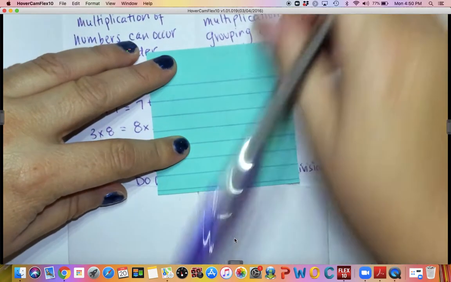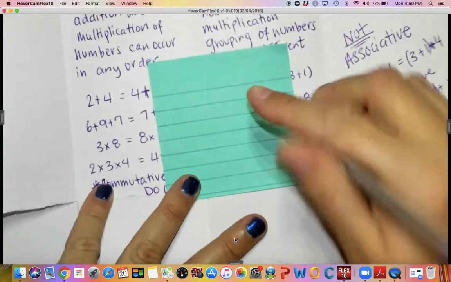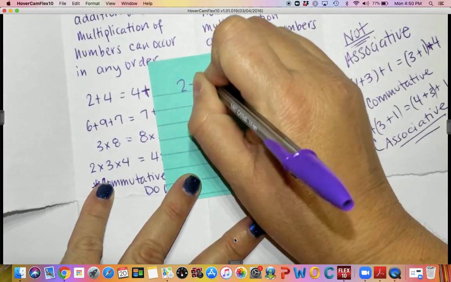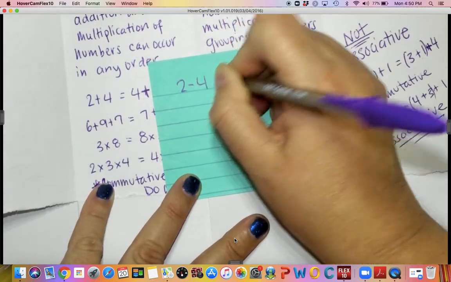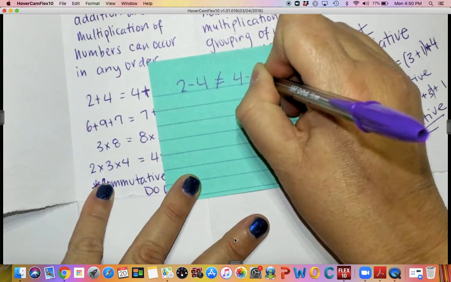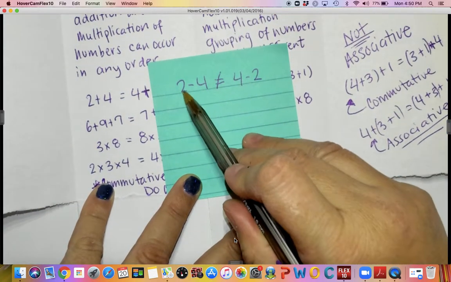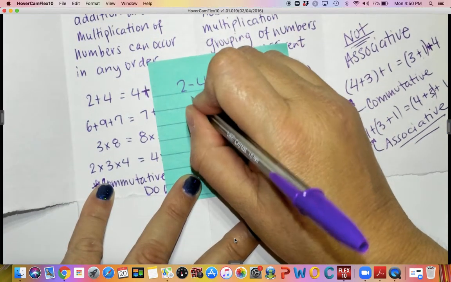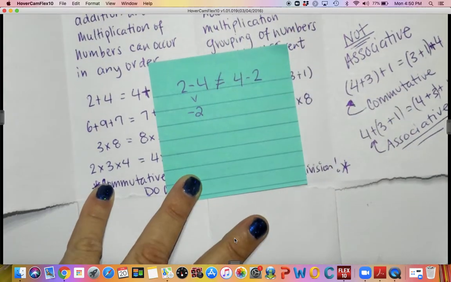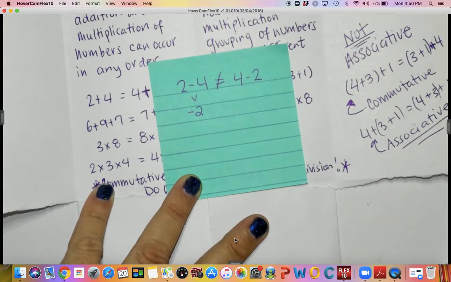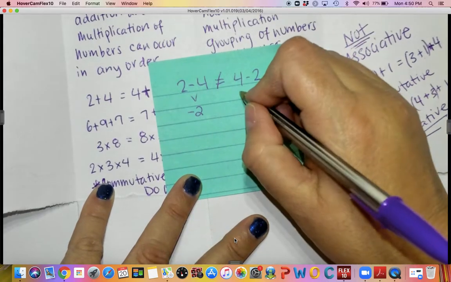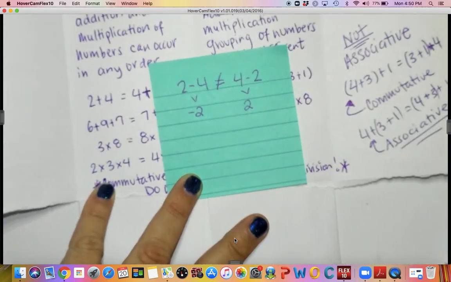So, if I were to do commutative property with subtraction, 2 minus 4 is not the same as 4 minus 2. 2 minus 4 gives me a negative 2. I cross over that 0 on my number line. 4 minus 2 is 2.